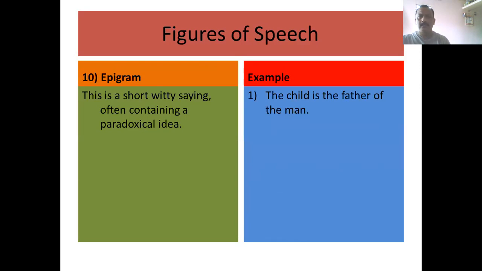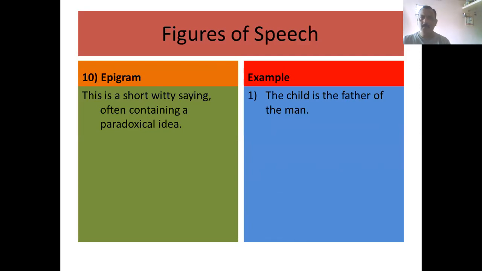Now here, "The child is the father of the man." When we try to guess the meaning of this sentence, how can a child be the father of a man? It is impossible.